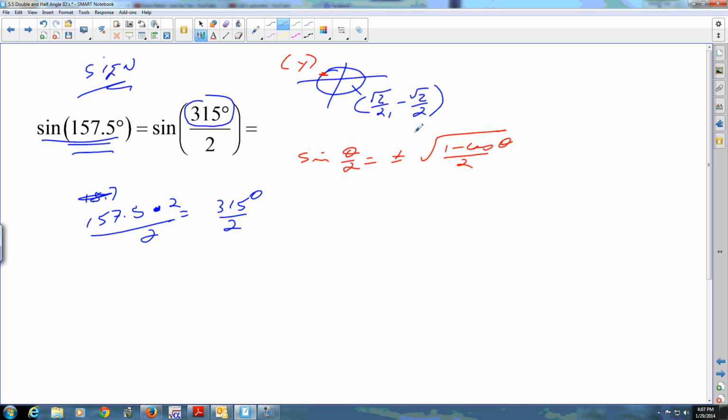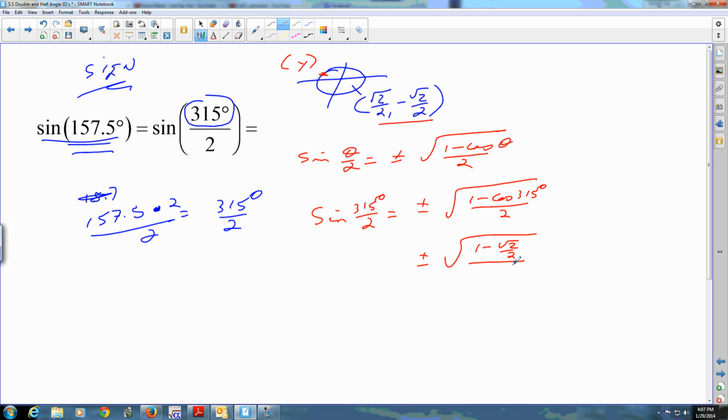Okay, go back to this. I'm going to find the y value at 157.5 based on this information sitting at 315 degrees. So sine of 315 over 2 is the same as plus or minus the square root of 1 minus the cosine of 315 over 2. Cosine is going to be your x value, so it's plus or minus 1 minus square root of 2 over 2, over 2.